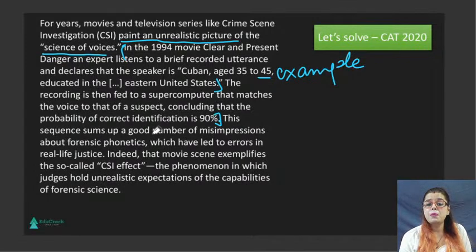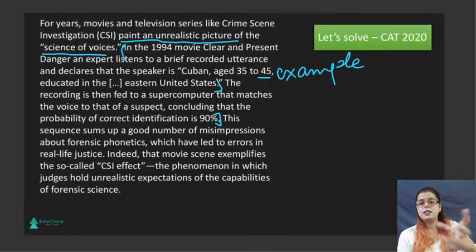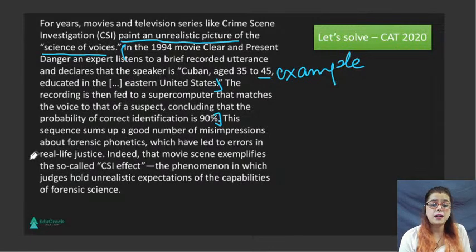This example tells us how this is a good number of misimpressions about forensic phonetics, which have led to errors in real life justice. Now something like this, a misimpression, what has it led to? It has led to errors in real life justice. Indeed, that movie scene exemplifies the so-called CSI effect.